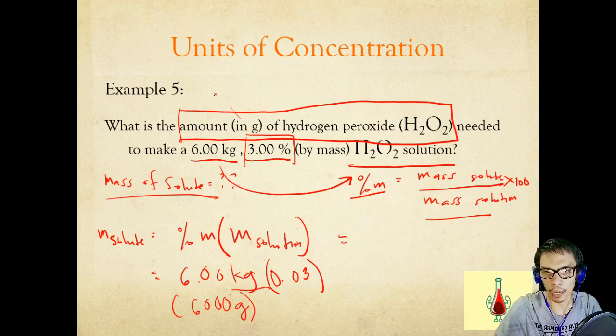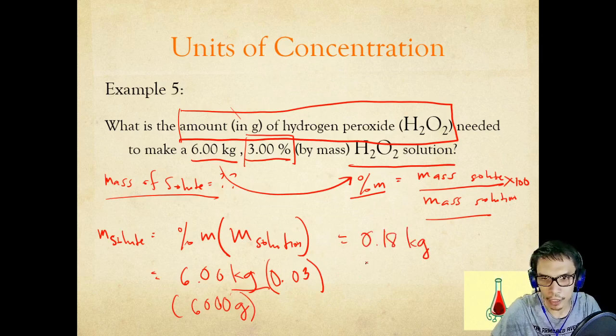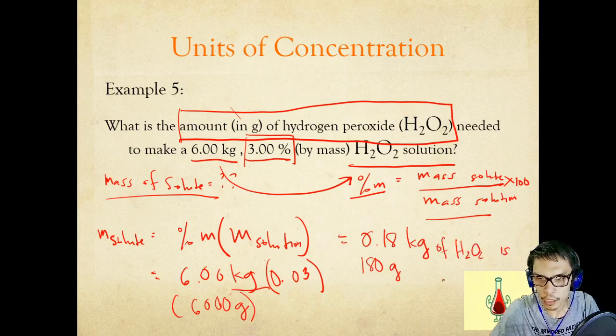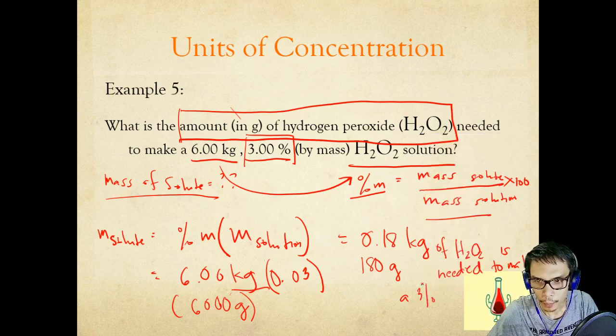Now, if you use kilograms and do the math correctly, that will be 0.18 kilograms. But if you use grams, you have 180 grams of H2O2 needed to make a 3% H2O2 solution.